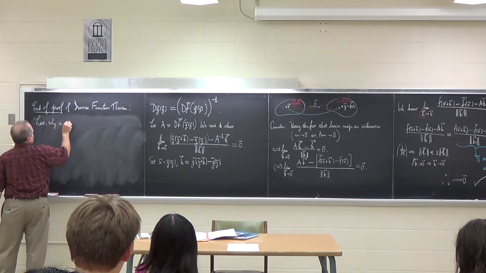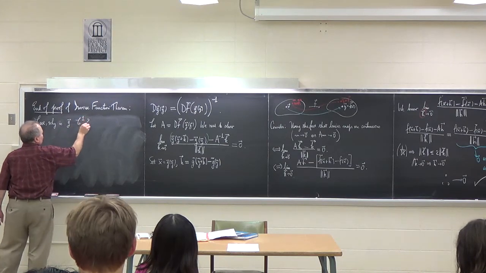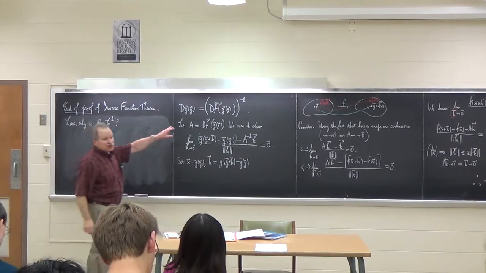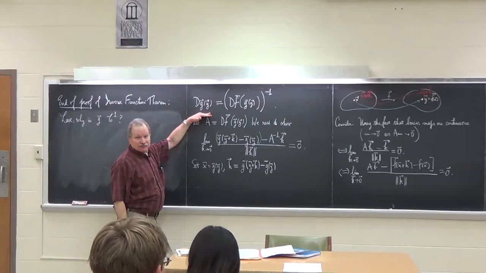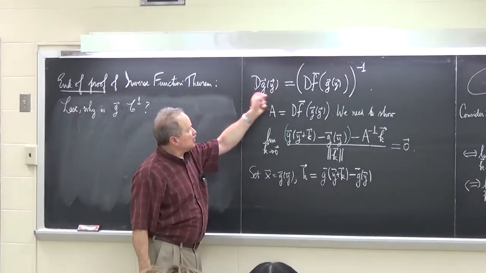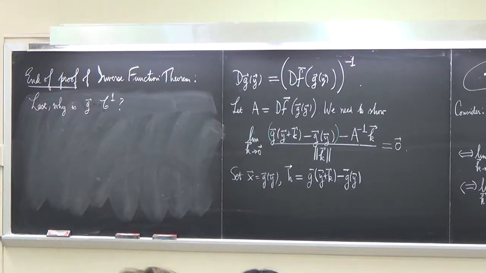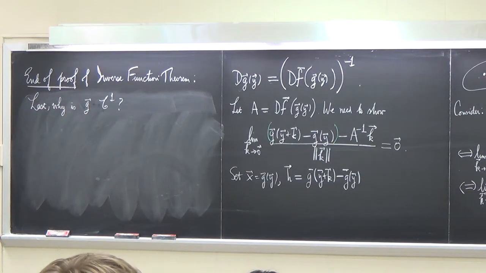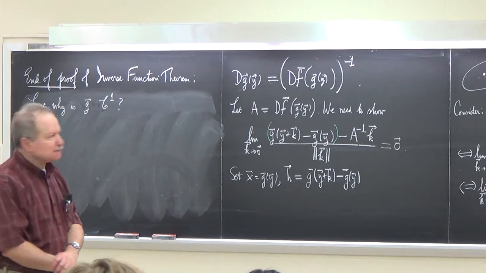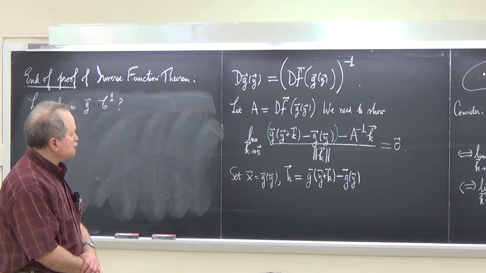Last, g is C1. So here's the formula for dg. Why does this tell you that this varies continuously with y? Well, we know df is continuous because we said f was C1.